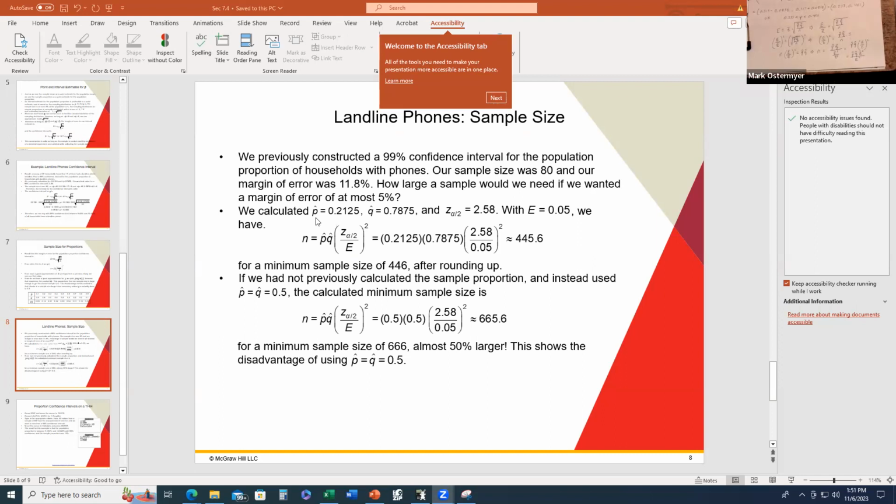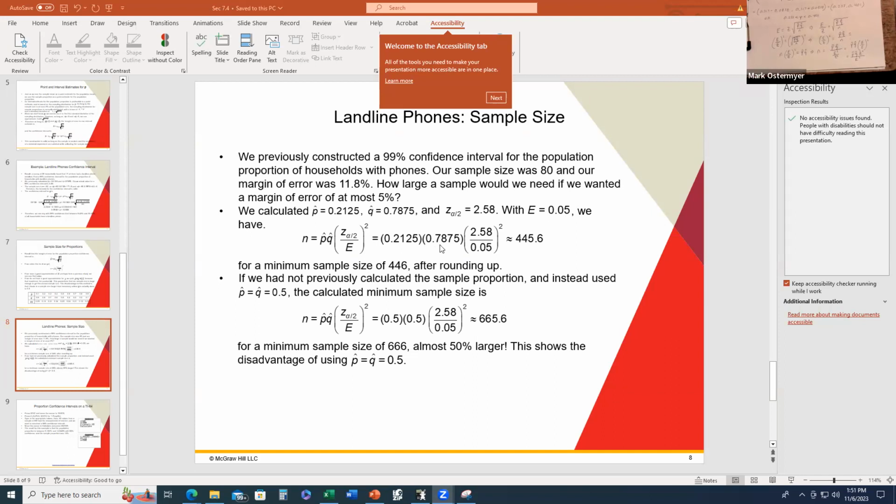Well, we computed p hat to be 0.2125. Since we know p hat, we will use this value of p hat as opposed to defaulting its value to 0.5. q hat is 0.7875. We want to be 99% confident in selecting our sample size. Therefore, our critical Z value is 2.58. Our allowable margin of error is 5%, which as a decimal is 0.05. So let's substitute things into the sample size formula.